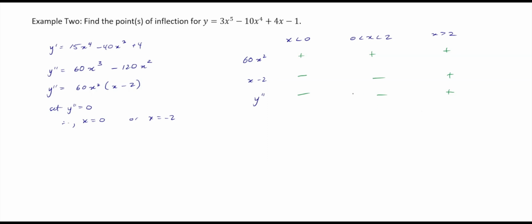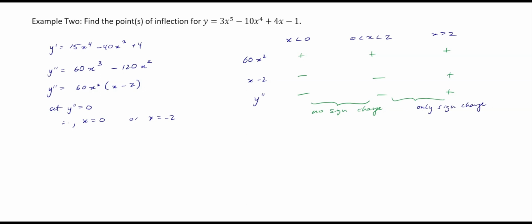Okay, so over here we see no sign change. We can see that the function is concave down before 0, and it is still concave down after 0 but before 2. Over here it's concave down, but then over here it's concave up. So because there's the sign change right here, I can say that this is the only sign change.